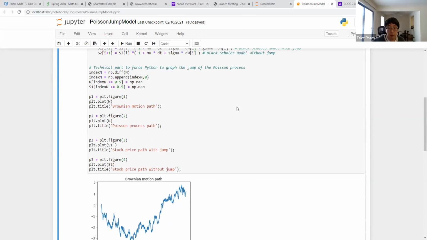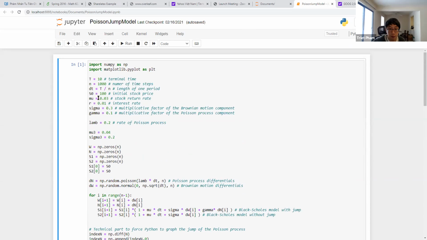So you see here I let my sigma, the volatility, be 0.3, and the gamma be 0.1, so that's a 10% jump. Lambda is the rate, so right now it's 0.2, so roughly I have 2 jumps per 10 units of time.